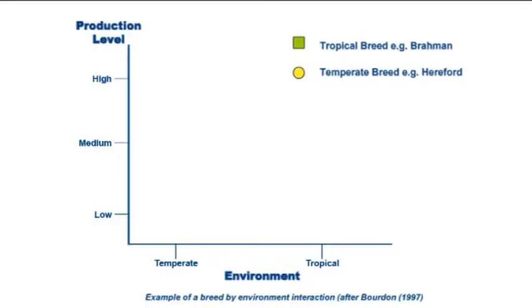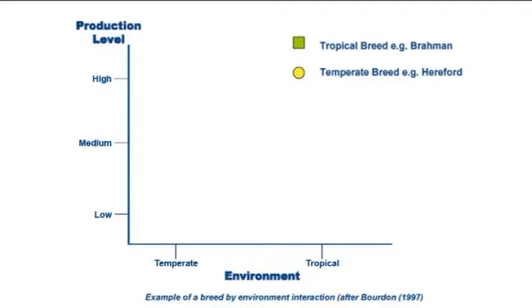The first slide here that I draw your attention to is one which shows the classic comparison of a tropical versus a temperate breed when run in both a tropical and a temperate environment.